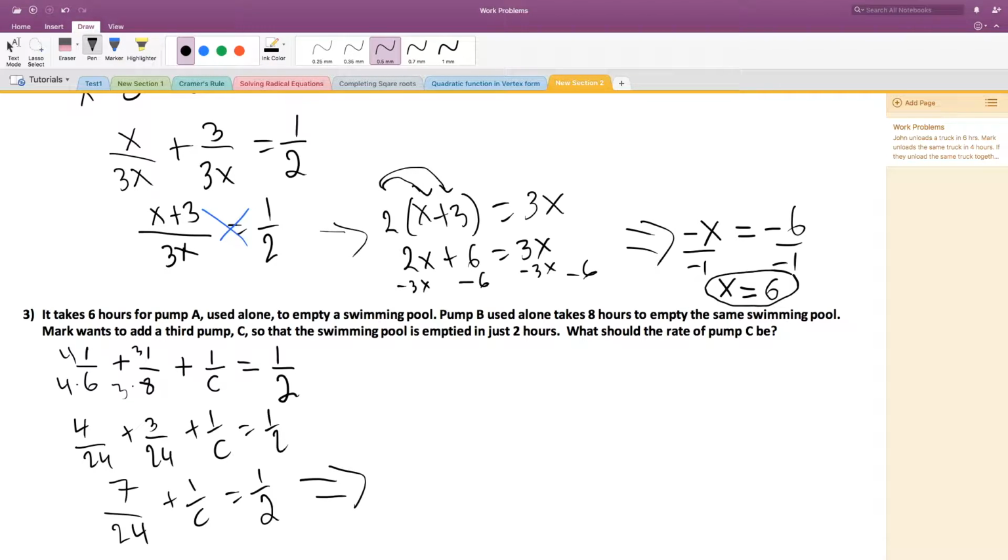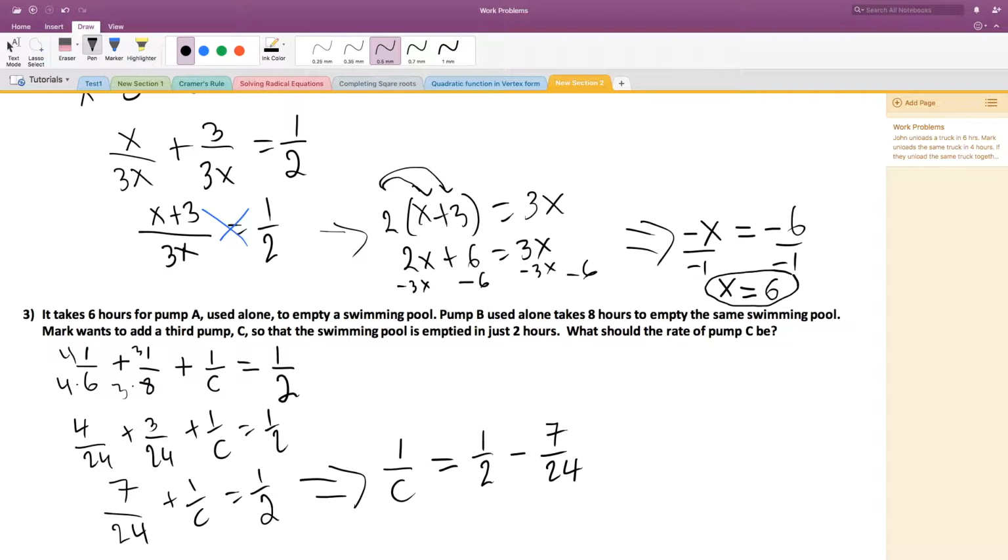Okay, I'm just going to do that here. Alright, so what I'm going to do is move the 7 over 24 to the other side. So I'm going to have 1 over c equals 1 over 2, take away 7 over 24, because anytime you move something from one side to the other side, you have to change the sign.